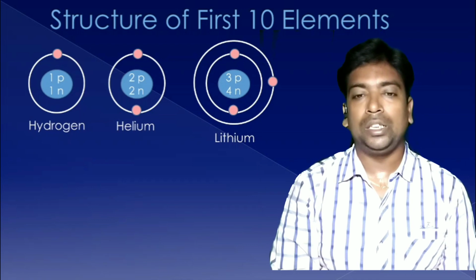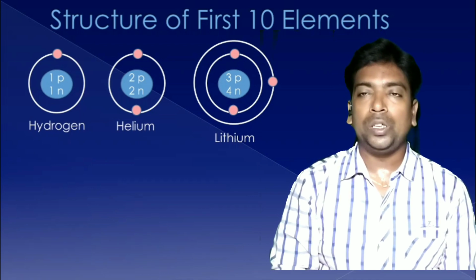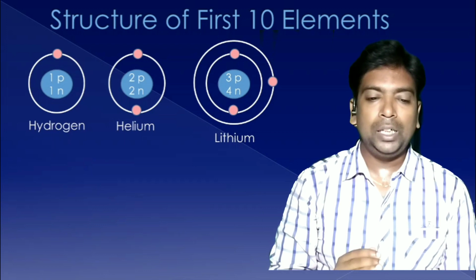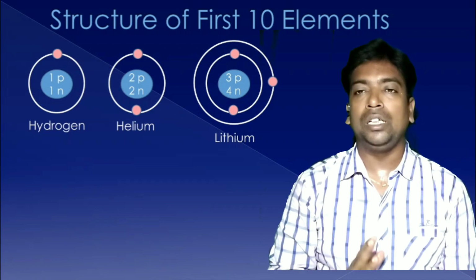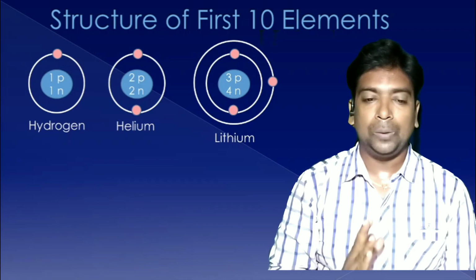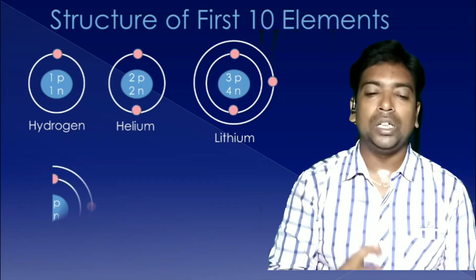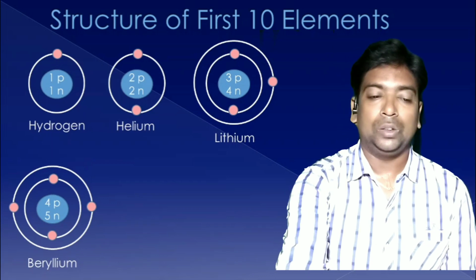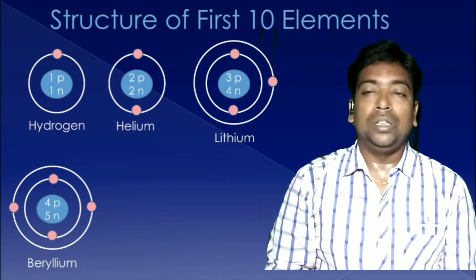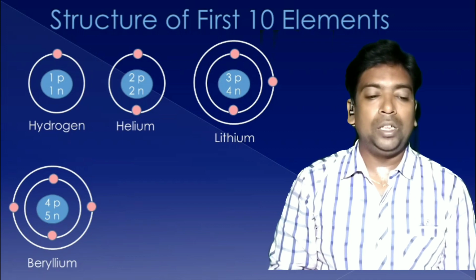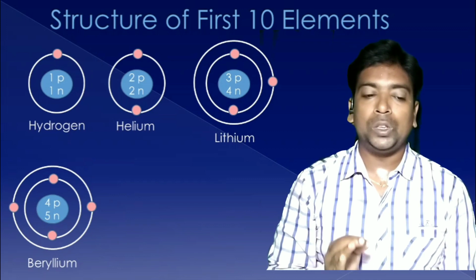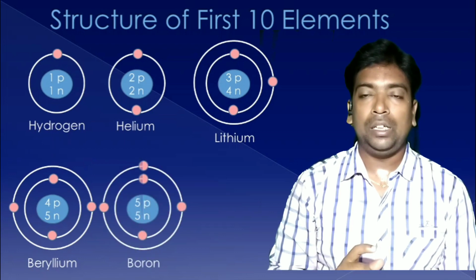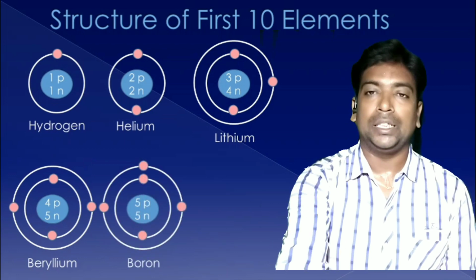Next one is lithium. There are 3 protons and 4 neutrons in the nucleus, and there are 2 shells in which electrons are present. In the first shell there are 2 electrons, in the second shell 1 electron. Then beryllium: 4 protons, 5 neutrons in the nucleus, 2 electrons in the first shell and 2 electrons in the second shell.